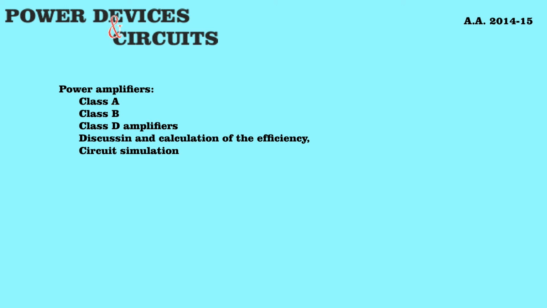We can also, on the other hand, see what happens for a class D amplifier. This is the same class D amplifier, the one I showed during the lecture. This is the simulation.